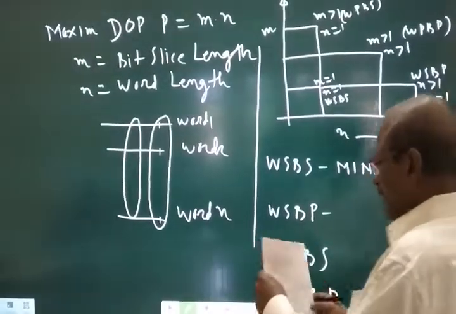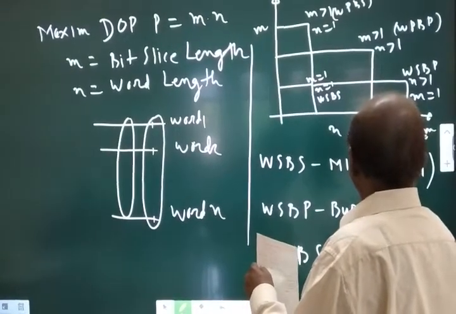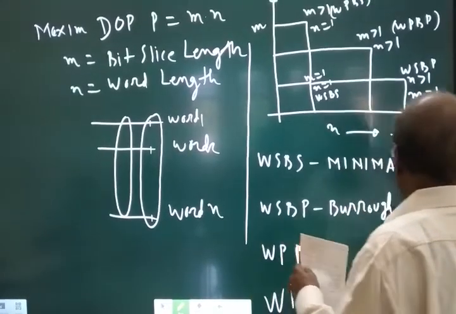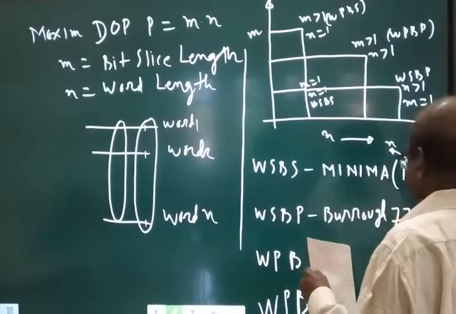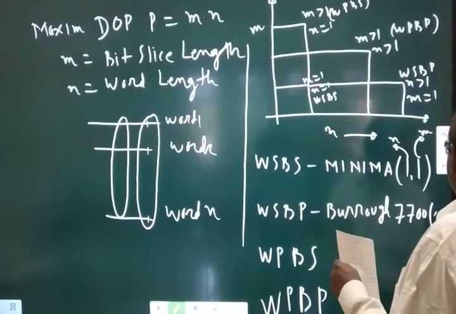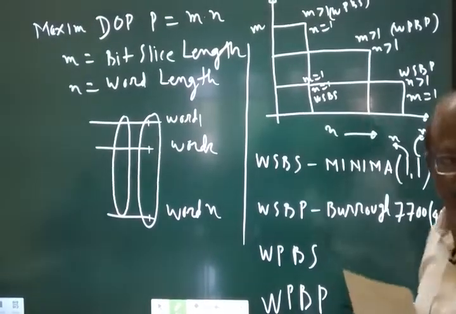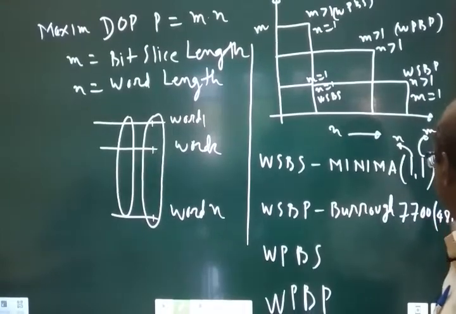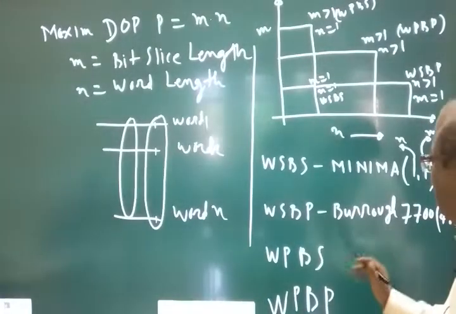Word serial bit parallel, Burroughs 7700, dimension is 48 1. That means value of M is 48, N is 1. This is one computer of this category.